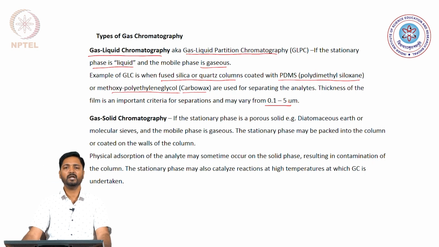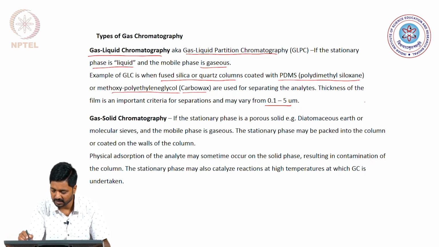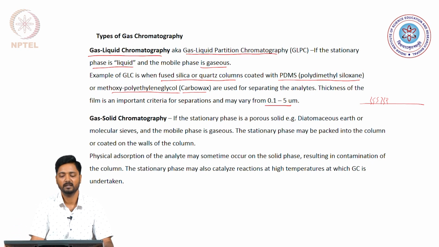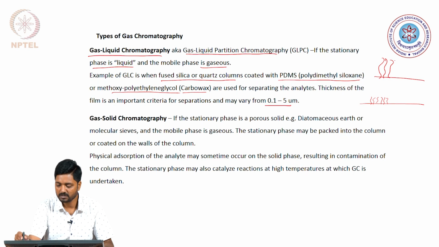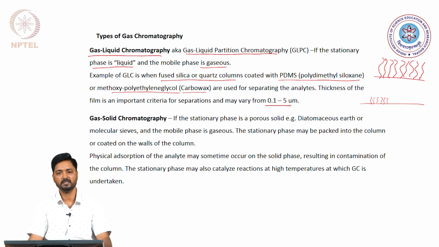So, how do we understand the impact of the thickness of the liquid stationary film present in gas liquid chromatography? Let us try to spend a little bit of time on that. Suppose we have a column which has a thin layer of the liquid stationary phase, and that is contrasted with a column that has a large or thick stationary phase thickness.